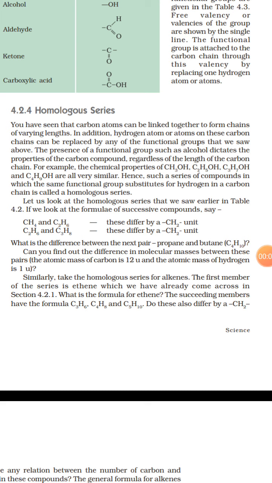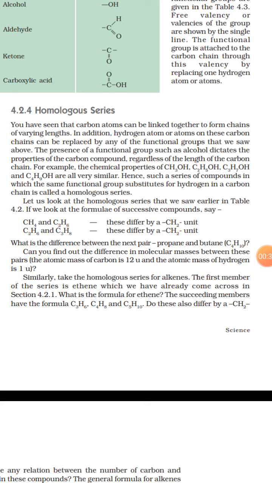Today we are dealing with the topic homologous series. You have seen that carbon atoms can be linked together to form chains of varying length. In addition, a hydrogen atom of this carbon chain can be replaced by any of the functional groups that we saw above.